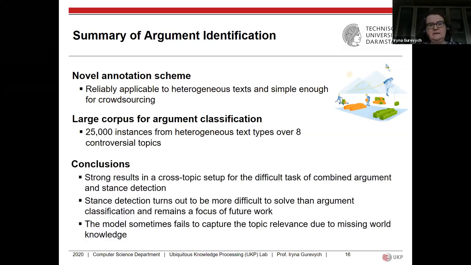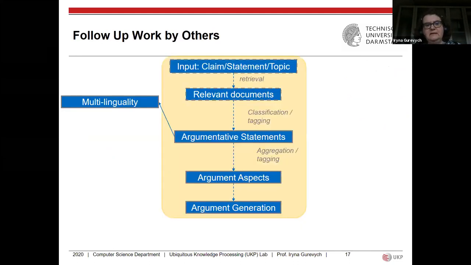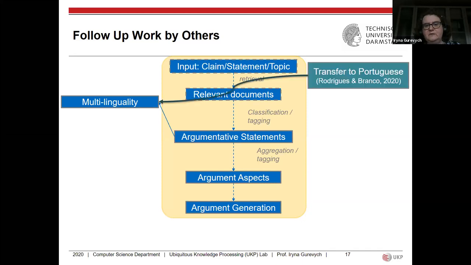And our conclusions indicate that we have strong results in a cross-topic setup for the difficult task of combined argument and stance detection. However, stance detection turns out to be more difficult to solve than argument classification and remains a focus of future work. And also we observed that the model fails to capture the topic relevance due to missing world knowledge.